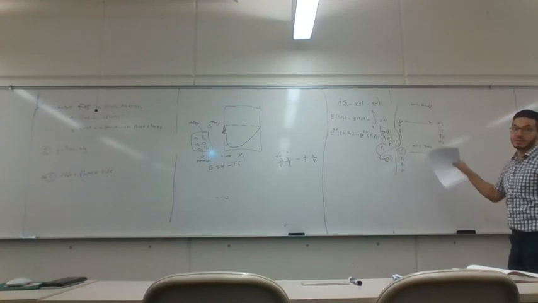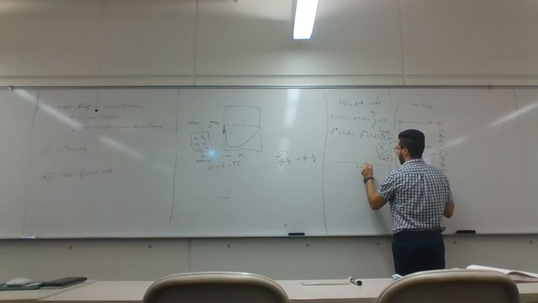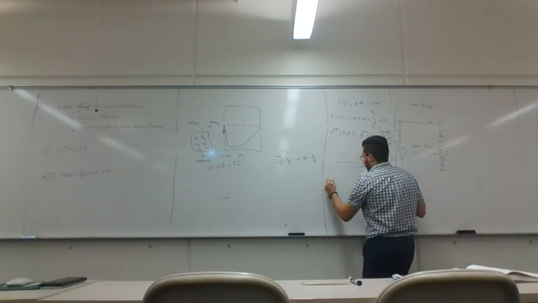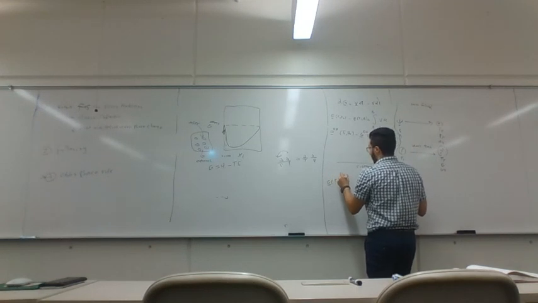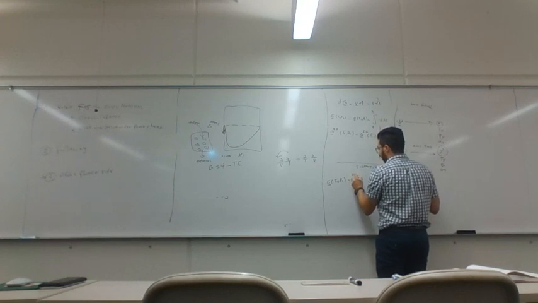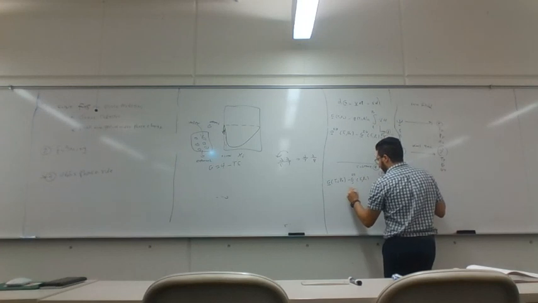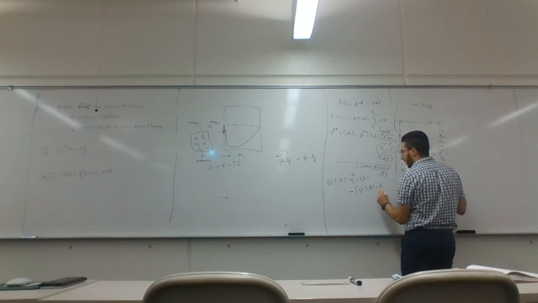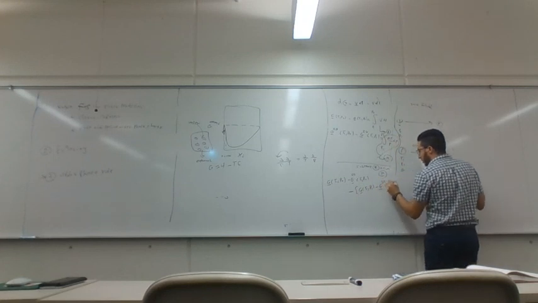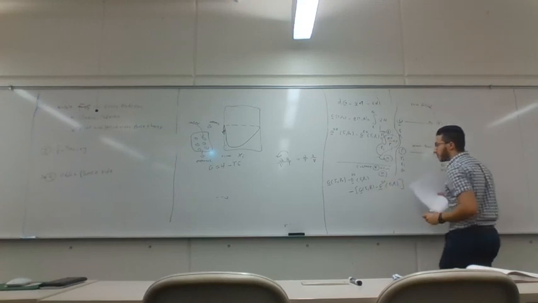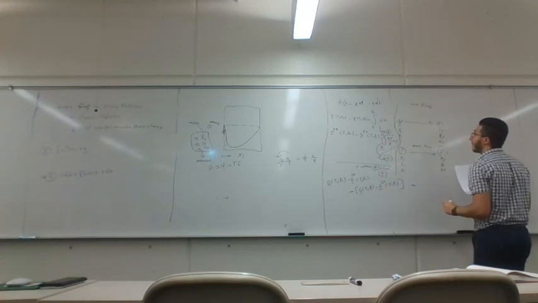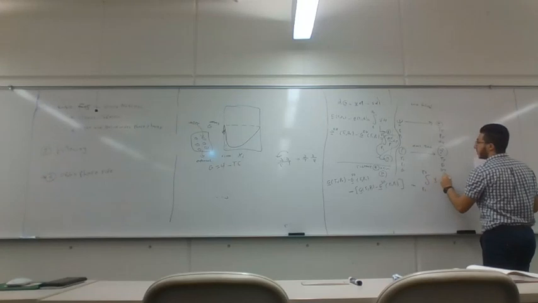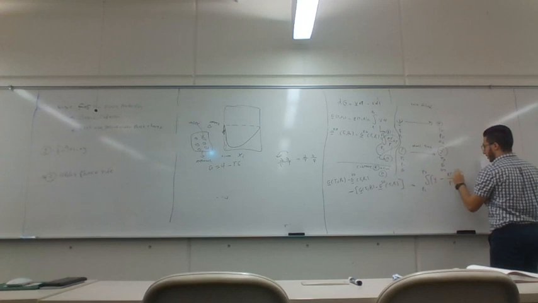Okay, I will call this one A, and this one B. Then I will subtract B from A. Then I have G at T1, P2 minus G ideal gas at T1, P2 minus G at T1, P1 minus G ideal gas at T1, P1 should be equal to the integral from P1 to P2 of V minus RT over P dP.